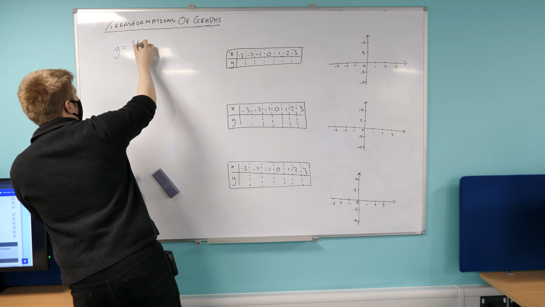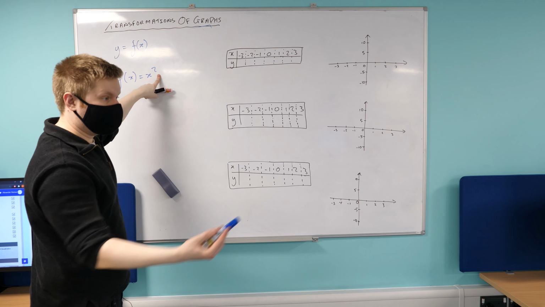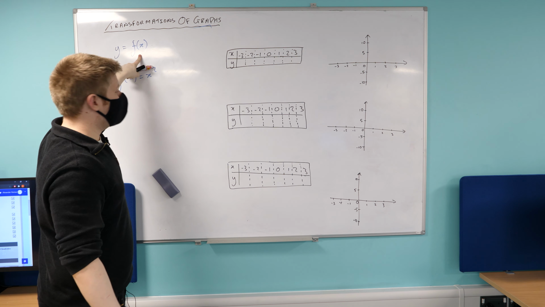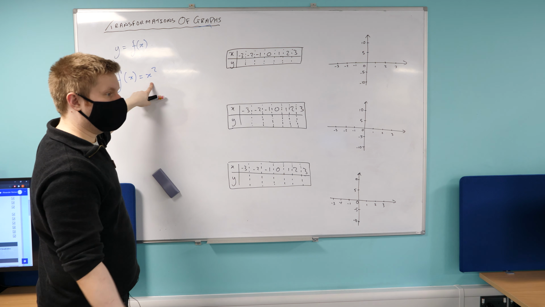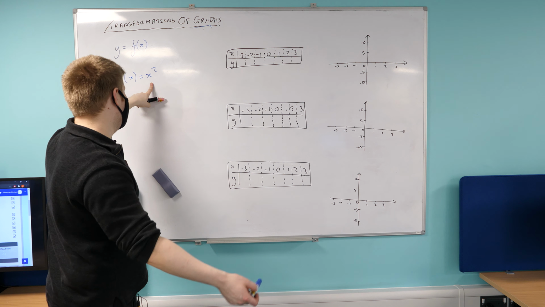And let's just suppose that my function f of x is given by x squared. Now all this is literally saying is, take my input and square it. That's how I get my output. So my output is given by my function when I put x in, and in this case my function is just simply take my input and square it.